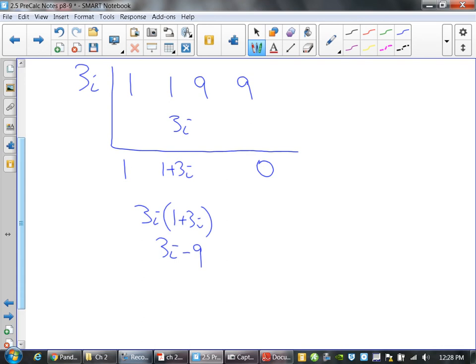You can do long division as well. It works the same. And that's fine. I'm saying is that you can still use synthetic division with this, and it still does the same thing. So now you have 3i minus 9. Now you have to add going down, don't you? What's 9 plus 3i minus 9? 3i.